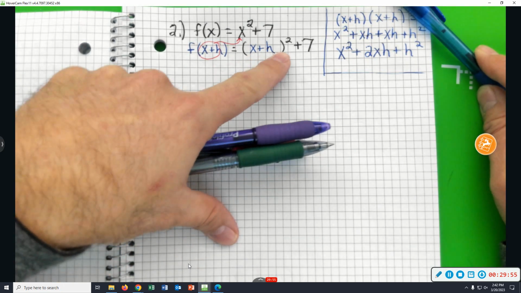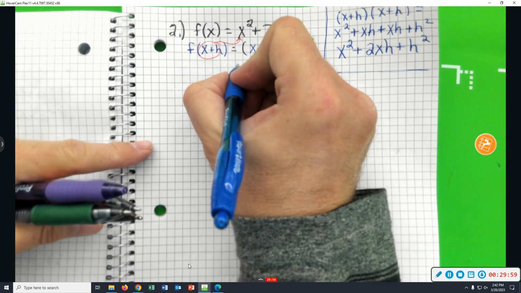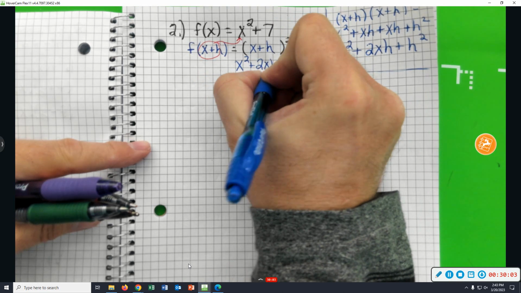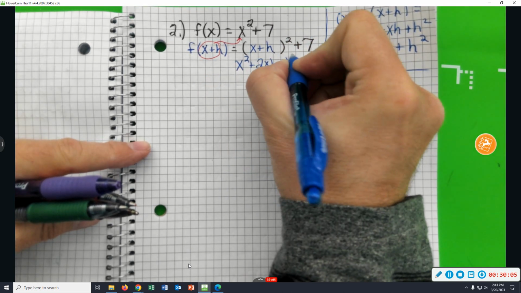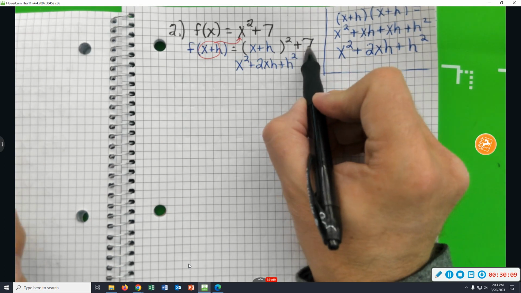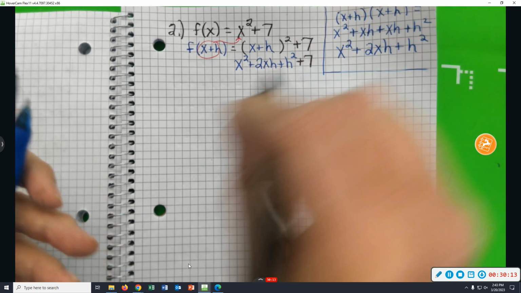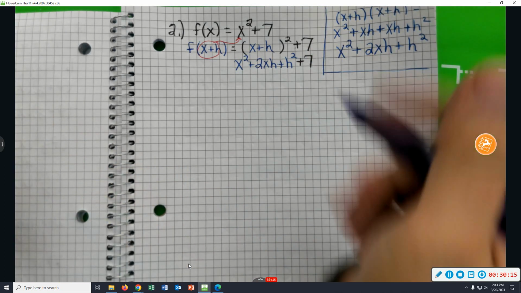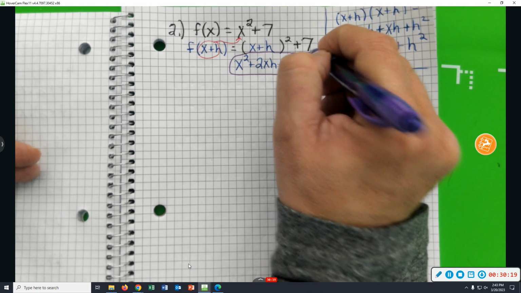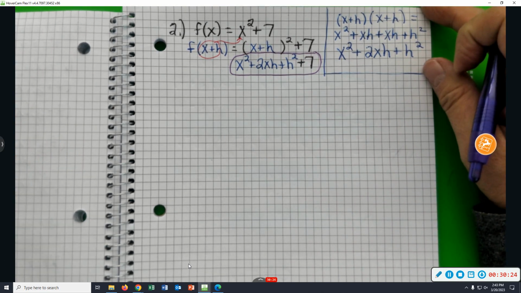The x plus h squared I'm going to write as x squared plus 2xh plus h squared, but I still have this plus 7. There's your answer for f of x plus h. Are there any questions there?